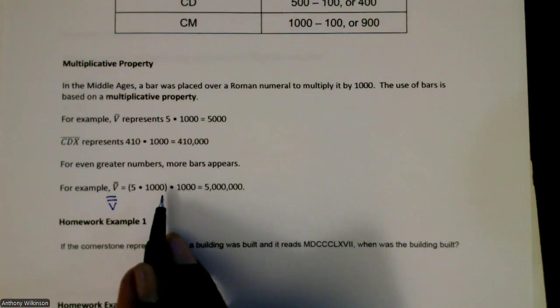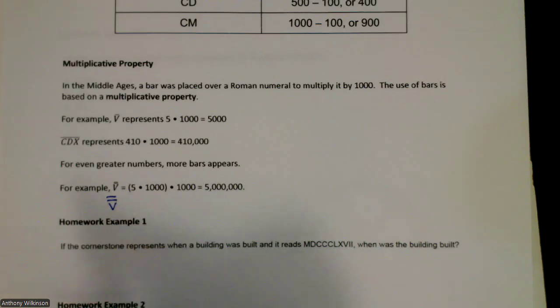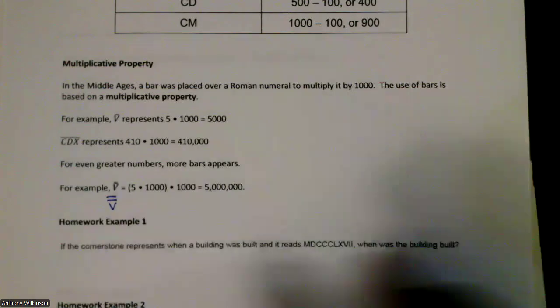That's 1,000. That's going to make the 5 be multiplied by 1,000. And another bar makes that be multiplied by 1,000 again. So 5 times 1,000 times another 1,000 will give you 5 million. So V double bar is a Roman numeral for 5 million.